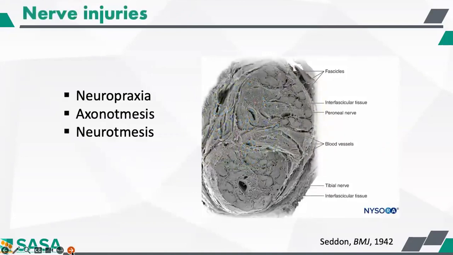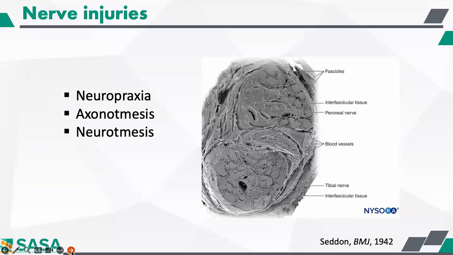So even in the most experienced hands, complications can occur. And in an article published by Seddon in 1954 in the British Medical Journal, he outlined that there were 3 types of nerve injuries, namely neuropraxia, axonotmesis, and neurotmesis.